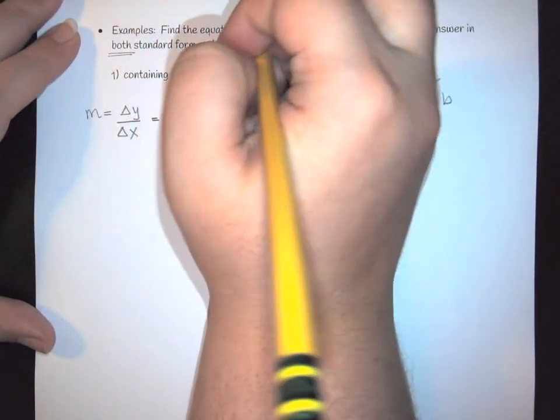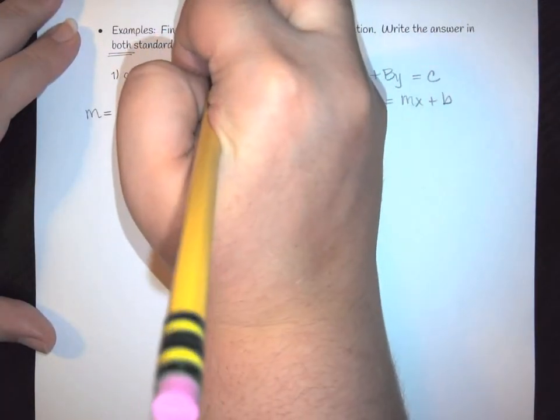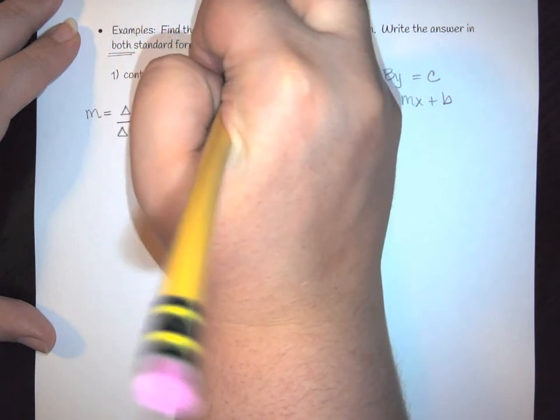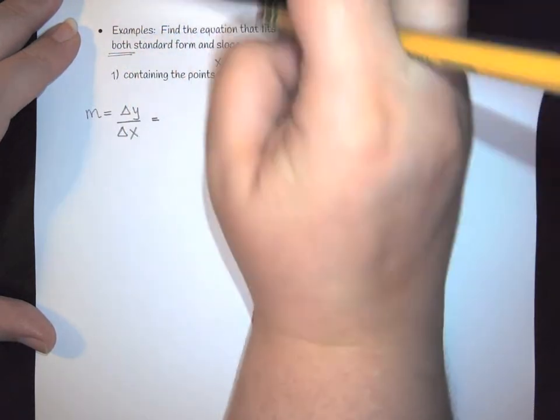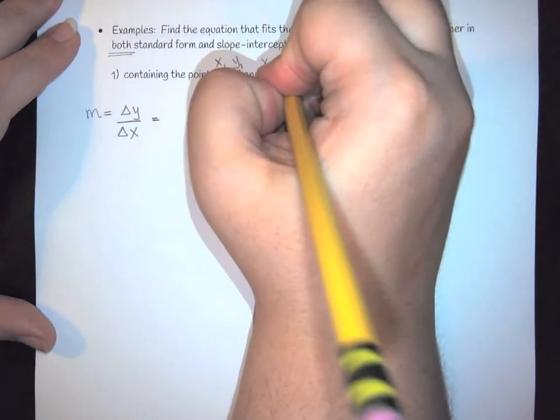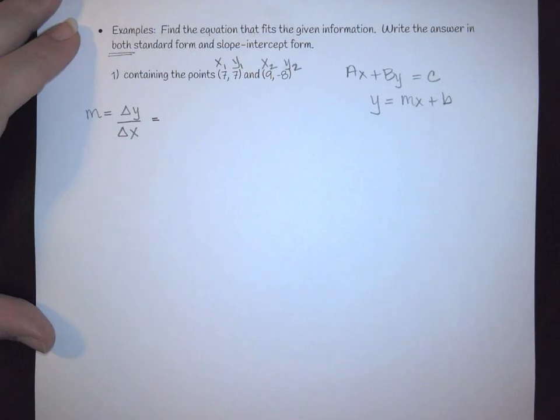So it doesn't really matter. We could do x1, y1, x2, y2, or obviously you could flip and you could have used the other points too. So it's personal preference. You just need to declare something.